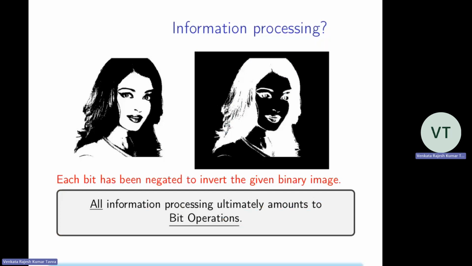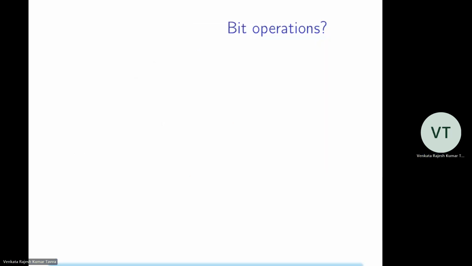Okay. Now, can you tell me any bit operations that you can think of? We just discussed one, that is flipping the bits. That is one kind of operation. Any other operations? That's flipping, inverting. What else?